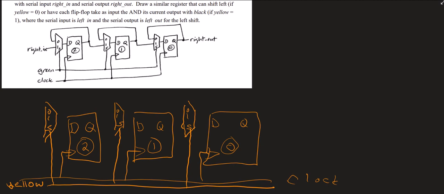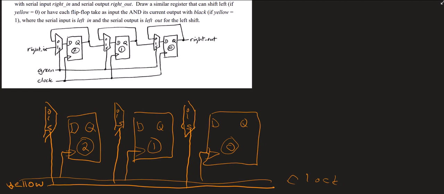Okay, so now it's time to actually figure out what we're doing. It will shift left if yellow equals 0. Shift left means that the flip-flop on the right, its output is going to go to the input of the one to the left.